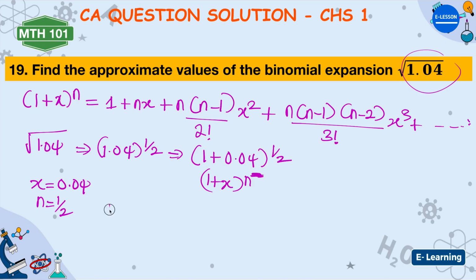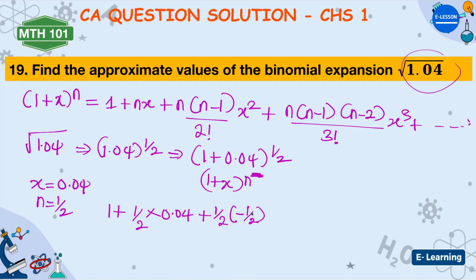Now that you've gotten this, let us put it into the formula. The answer will be 1 plus n, which is half, times x, because we are working with the formula now, 1 plus nx, where x is 0.04, plus n, which is half, bracket, this one gives us minus half, because half minus 1 is minus half.